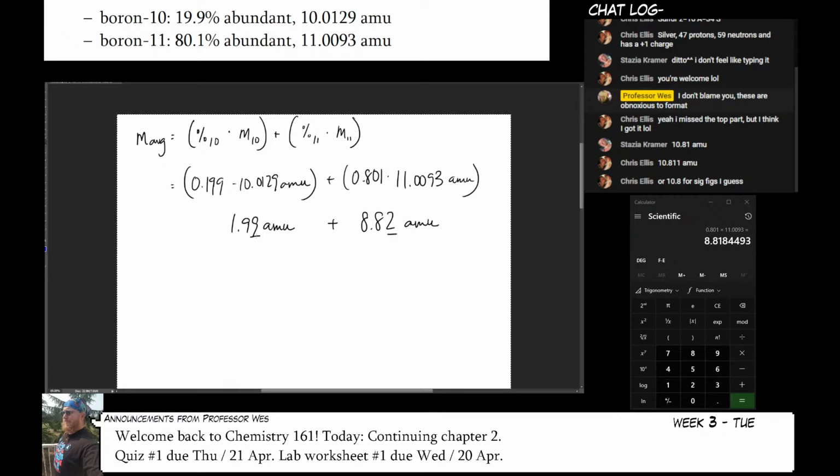Now I'm going to add to the hundredths place. 8.82 plus 1.99 equals, there you go, 10.81 AMU. And according to the periodic table, which I unfortunately don't have up at the moment, let me grab that again.